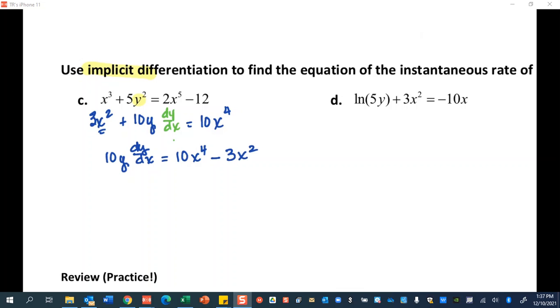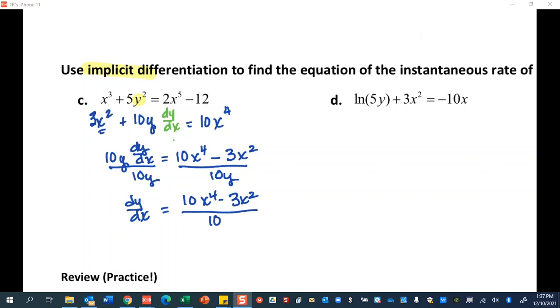I just moved that 3x squared to each side. You okay with that? Now I'm going to divide by 10y, divide by 10y, and I get dy/dx, the change in y compared to the change in x, is equal to 10x to the 4th minus 3x squared over 10y.